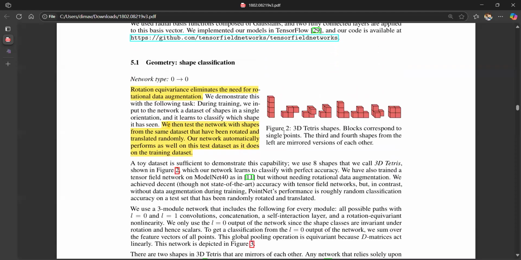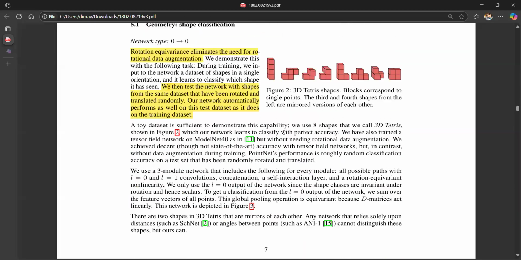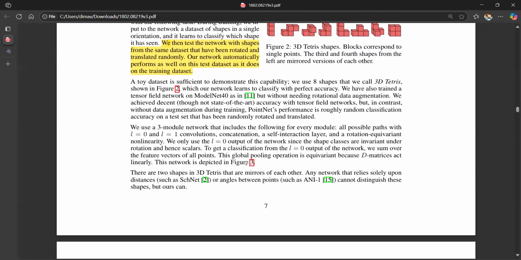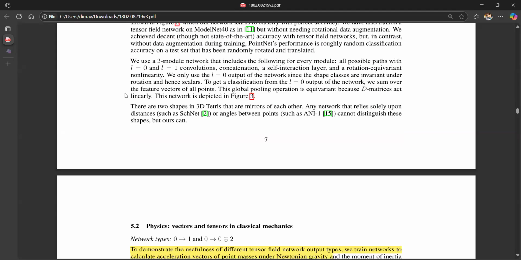They don't have a picture for this network, but they say they can include several models, like channels with L0, L1, but for this task they use just L equals 0, the scalar one, and sum over the patch vectors of all points.